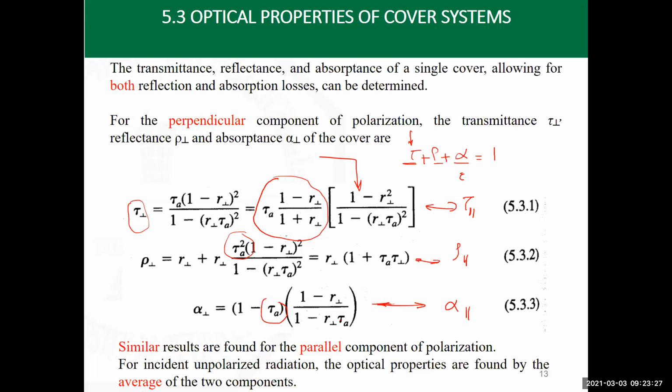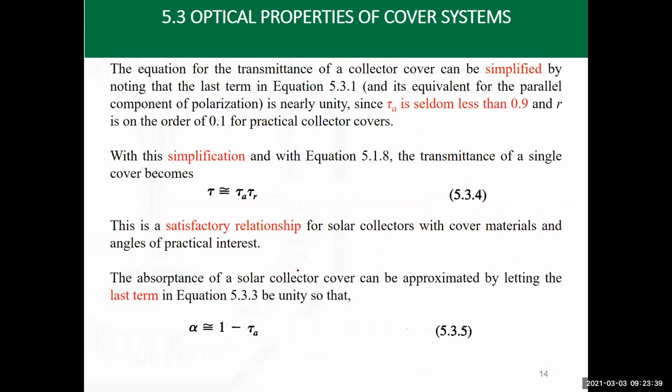Accordingly, it's a combination. This value is called tau sub A. This quantity is called tau sub R. And then the value of tau can be obtained as tau A times tau R. This is an approximation, and it is satisfactory for most practical applications and cover materials of practical interest.